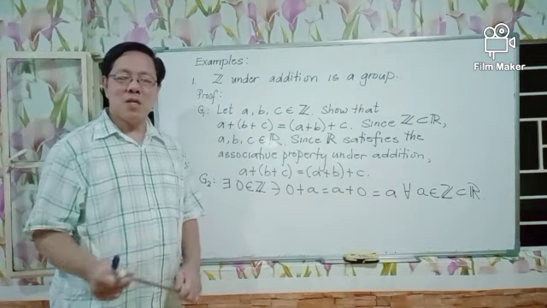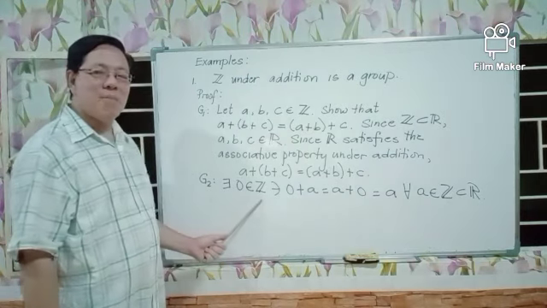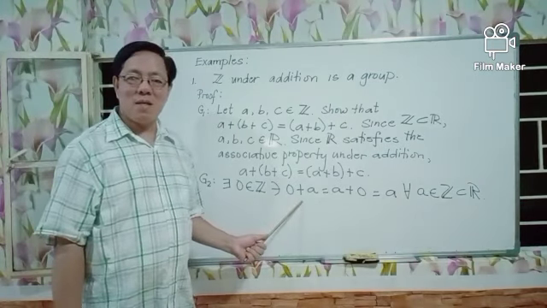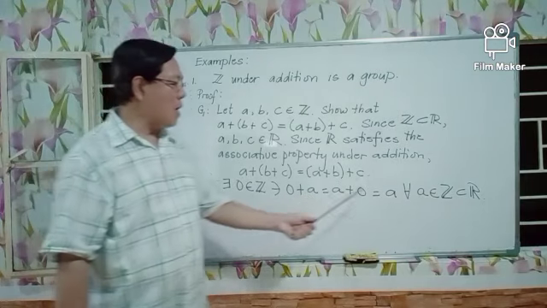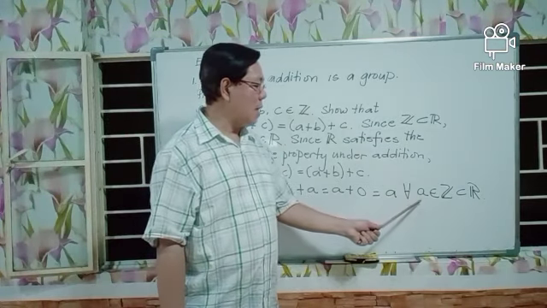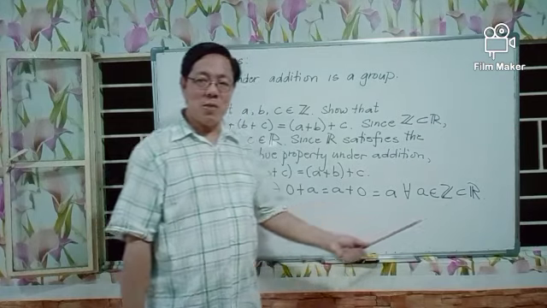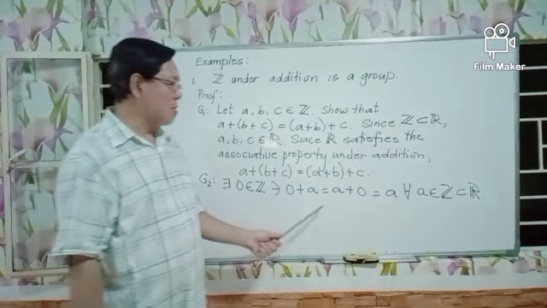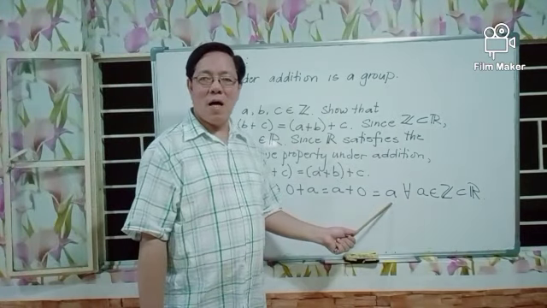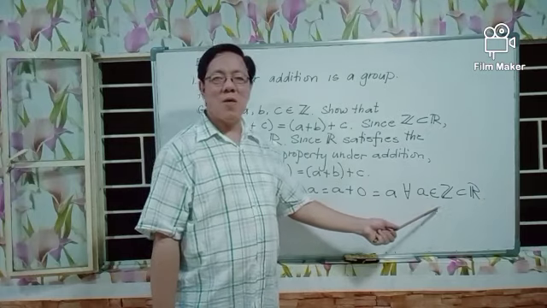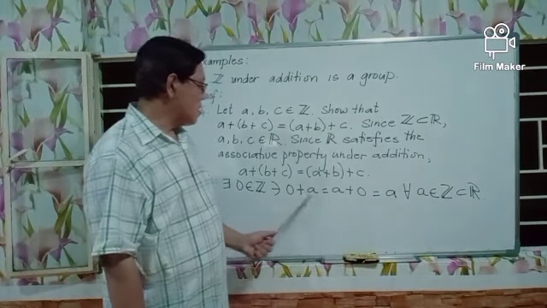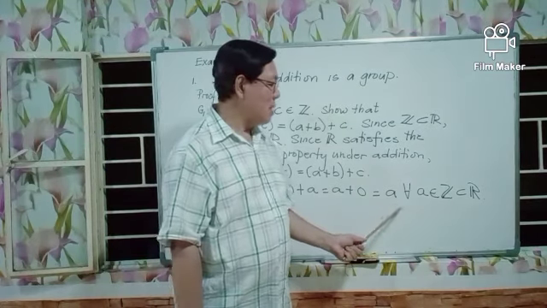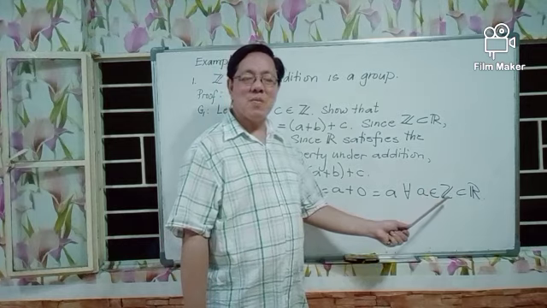So we are sure that there is one element in the set of integers such that if you combine that element to any other element for every element of Z, you combine it with 0. Using the binary operation addition, the sum is any other element A of the set of integers, and this must be true. 0 plus A is equal to A for every A element of Z.